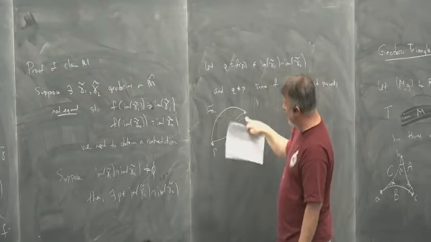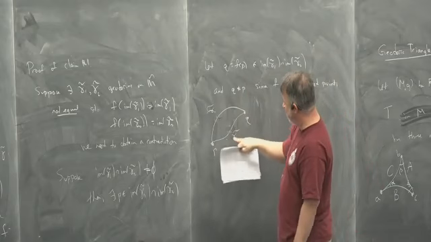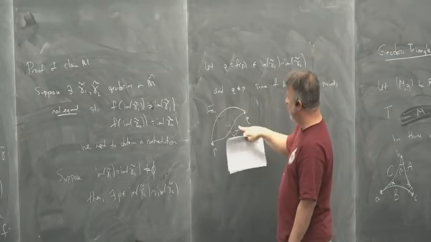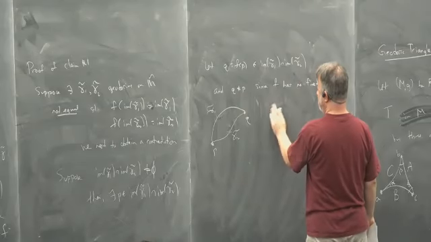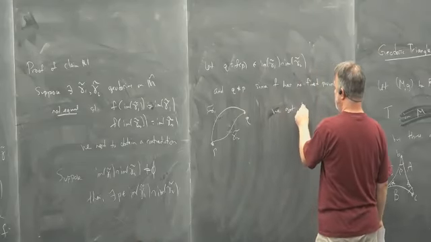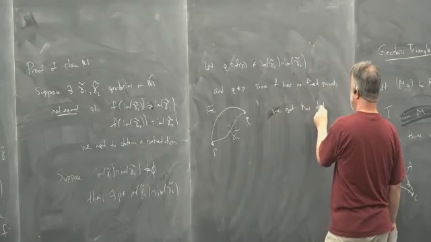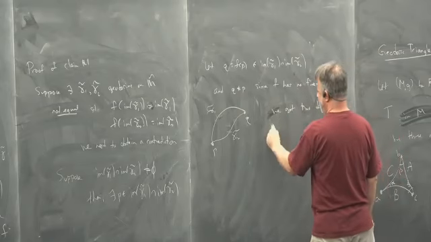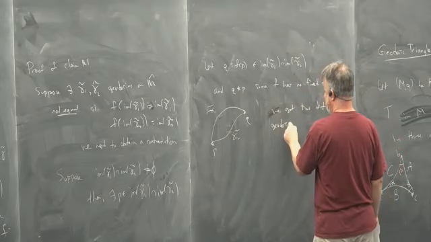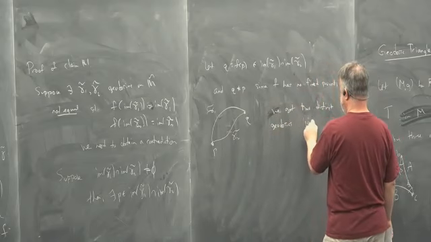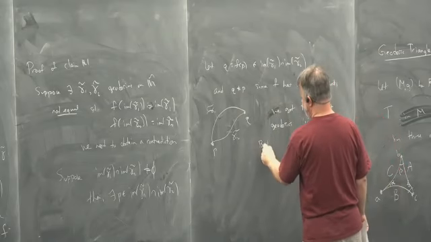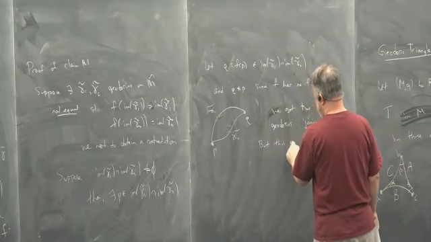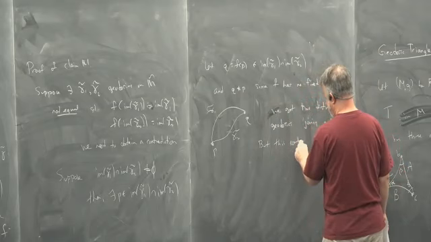So I can look at the portion of gamma 1 tilde from P to Q and the portion of gamma 2 tilde from P to Q. And therefore, we get two distinct geodesics joining P to Q. But this contradicts the Cartan-Hadamard theorem.